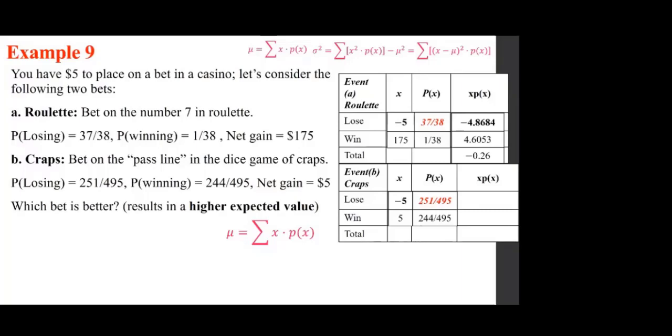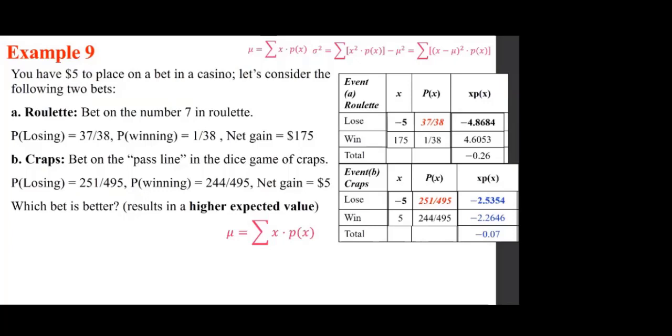We do the same thing for craps, negative 5 times 251 over 495, plus 5 times 244 over 495. And they add up to negative 0.07. As you can see, both of them are negative. What does it mean?